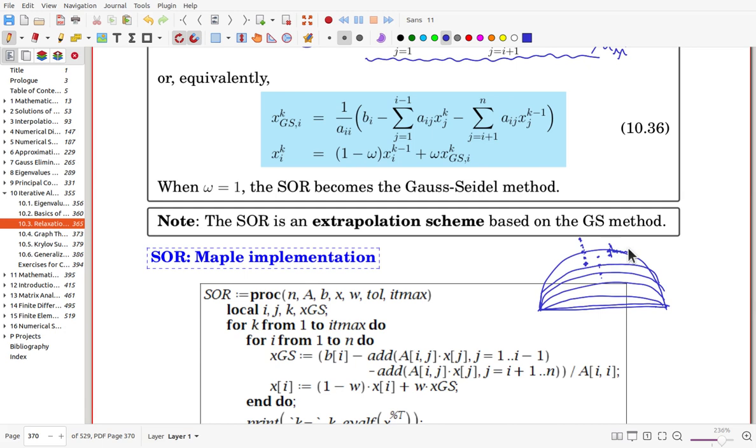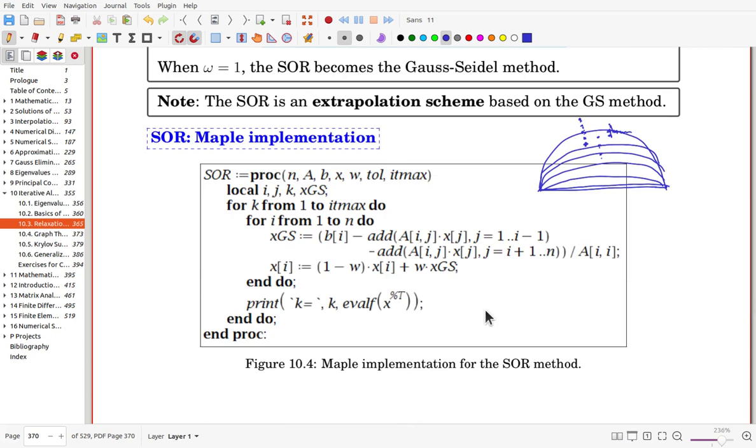Anyway, extrapolation works because of the monotone property of the solution update. That is a geometric interpretation, but theoretically we can also prove that omega cannot be larger than or equal to 2. It must always be between 0 and 2, excluding the boundary.